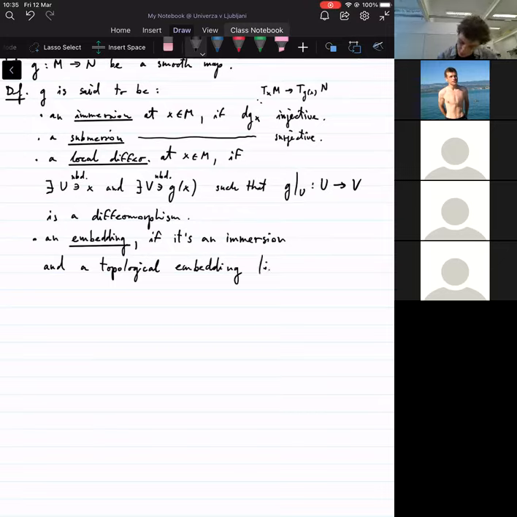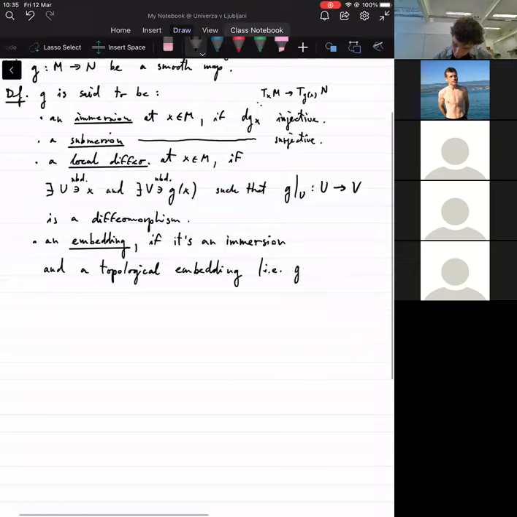So this means, i.e., G from M into G(M) is a homeomorphism.